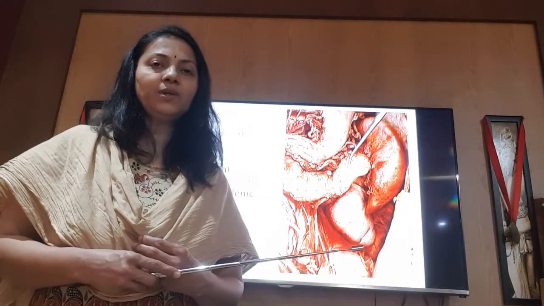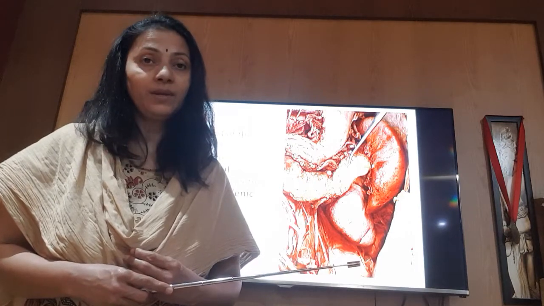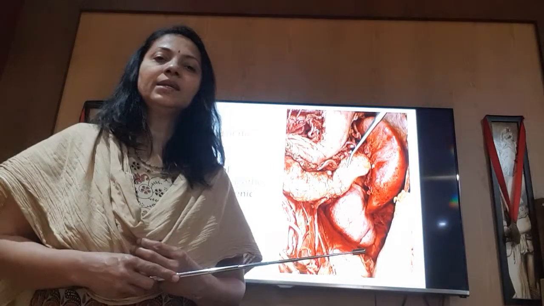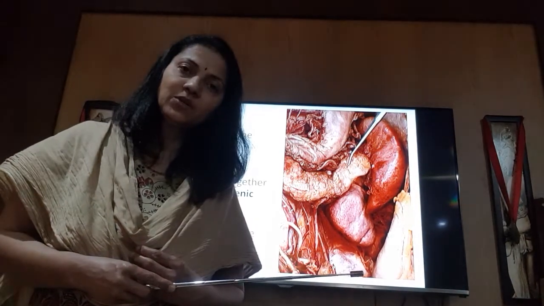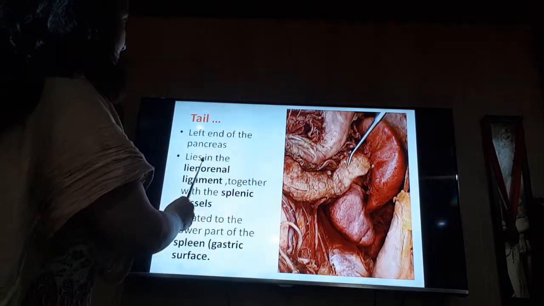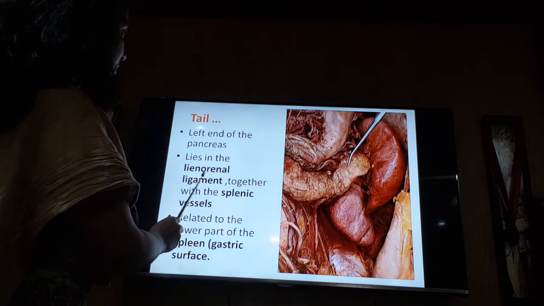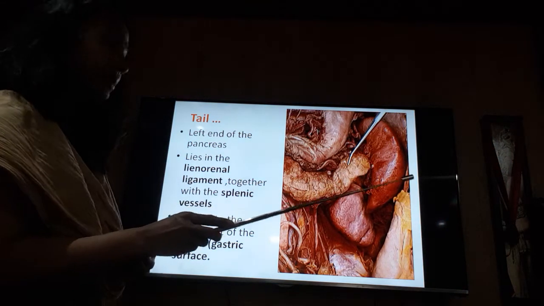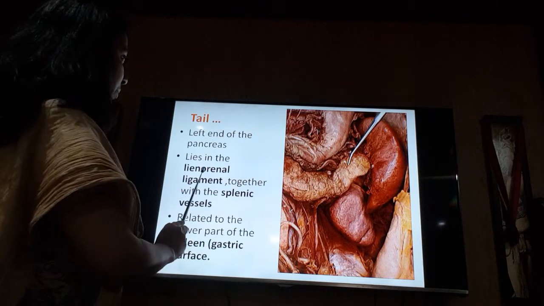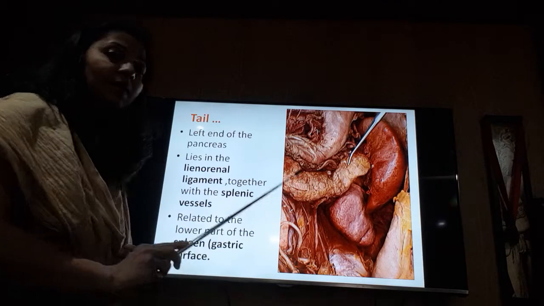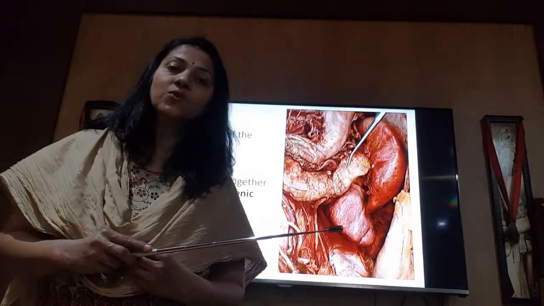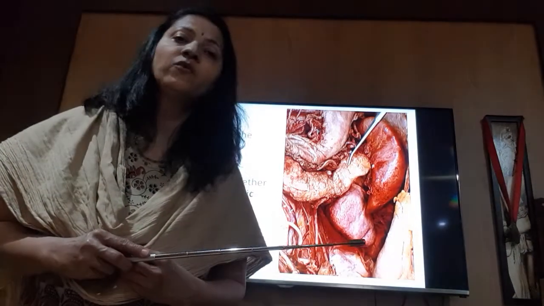So the ligament between the spleen, hilum of spleen and left kidney is called lienorenal ligament. And the ligament between the stomach and spleen is called gastrosplenic ligament. So here it is present, the tail is present in lienorenal ligament. Inside it, isn't it? Together with splenic vessels, they are also present there. Why? Because lienorenal ligament is attached to the hilum of spleen and the tail is going to end in the hilum of spleen.